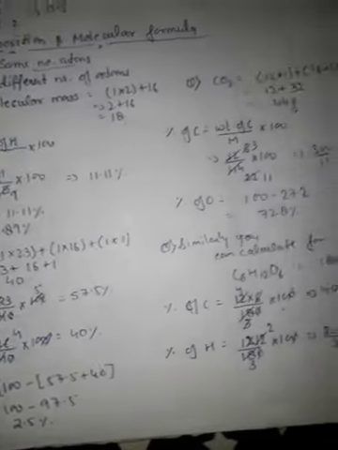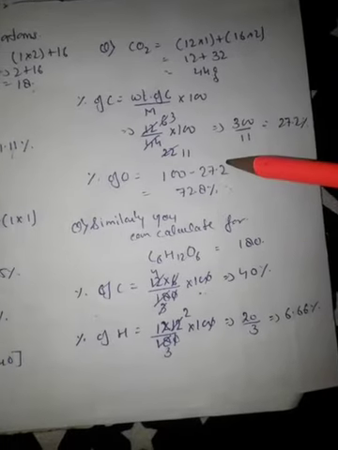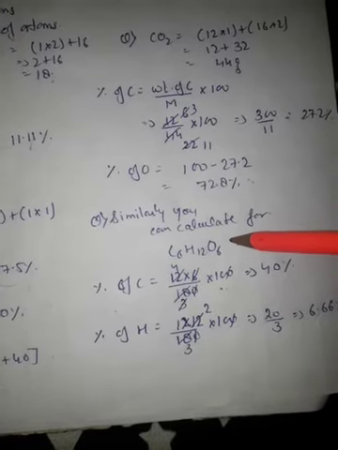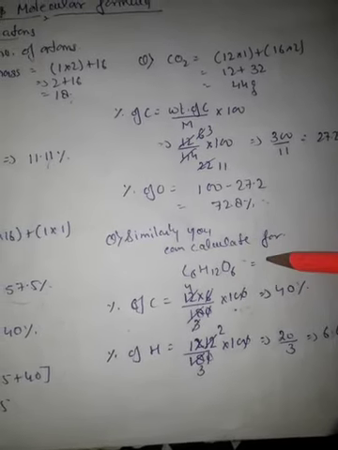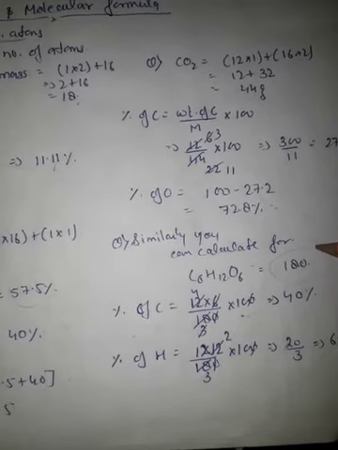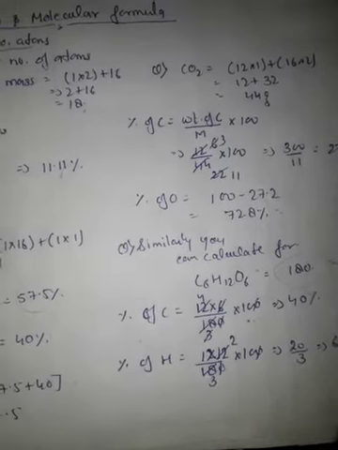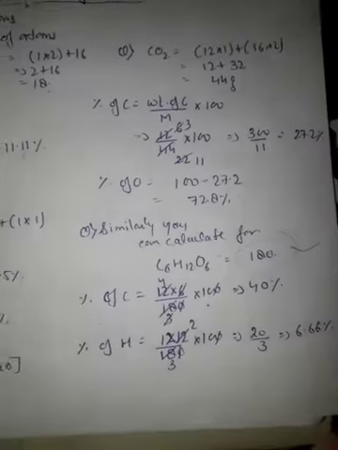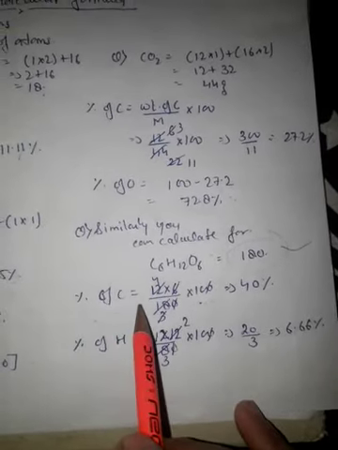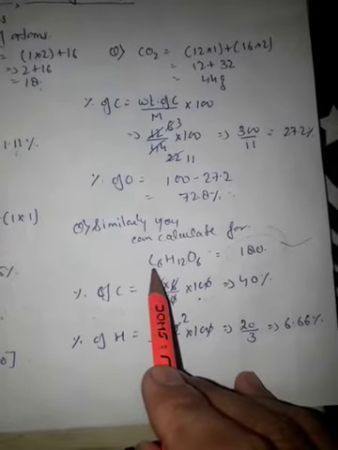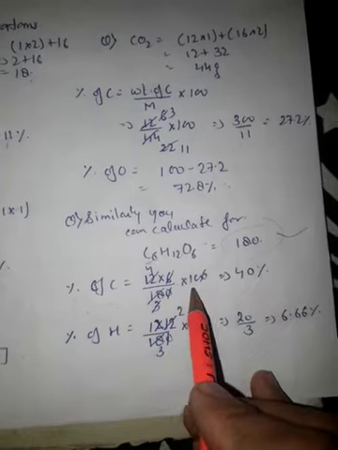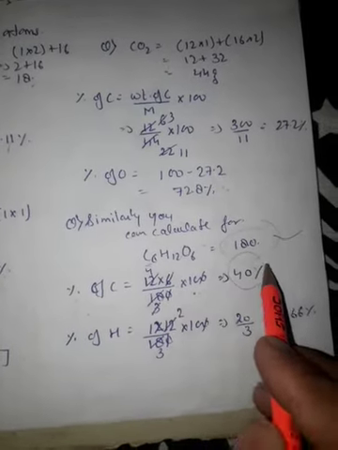Now let's discuss the percentage composition of sugar, glucose, C6H12O6. We have calculated the total molar mass is 180 gram. Here I have calculated for you. Percentage composition of carbon: 6 atoms of carbon are there, so 6 into 12 upon 180 into 100, so we get 40%.